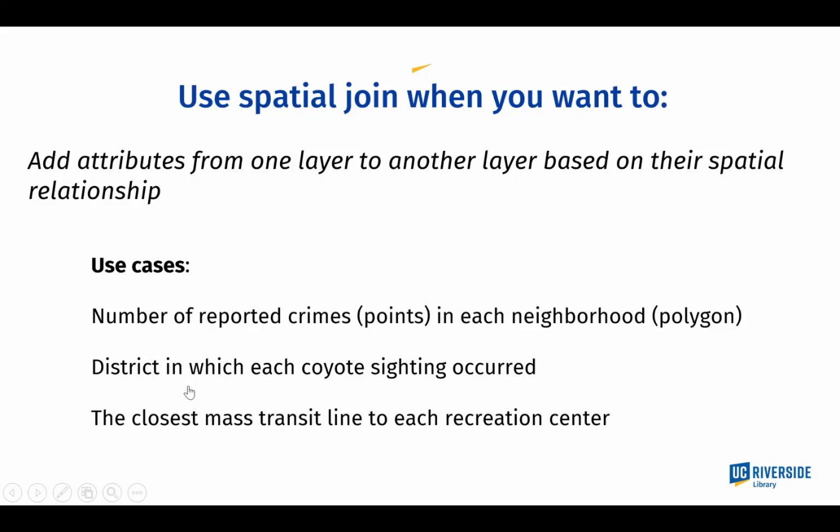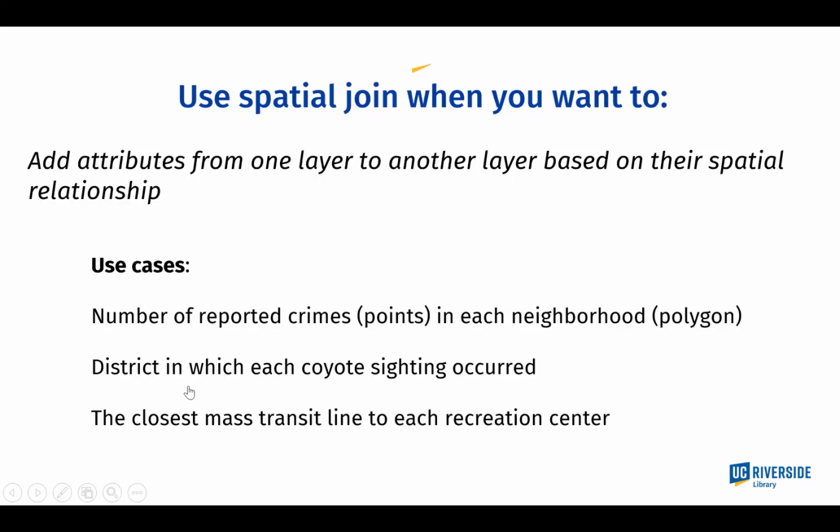You can go in the reverse direction too. My second example is maybe you have a spreadsheet with coyote sightings that had latitude and longitude, and you were able to upload it to the GIS. Now you can assign which district each coyote sighting was in to the table that has the coyote sightings in it. And it doesn't even have to be that this thing is right on top of that other thing.